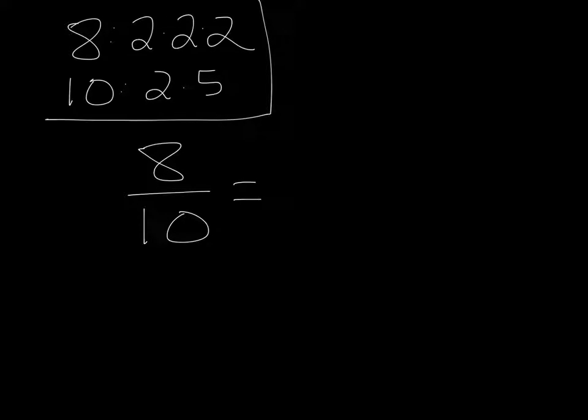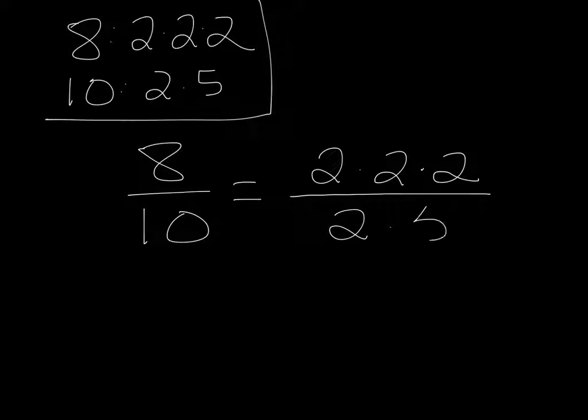So if I take my fraction 8/10, and 8 is my numerator, and I write my 8 in its prime factorization form, and then I take my denominator of 10 and I write it as its prime factorization form, then I can reduce this fraction using its prime factorization form.